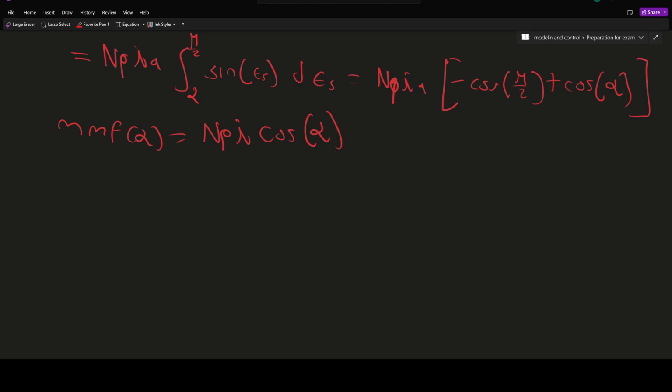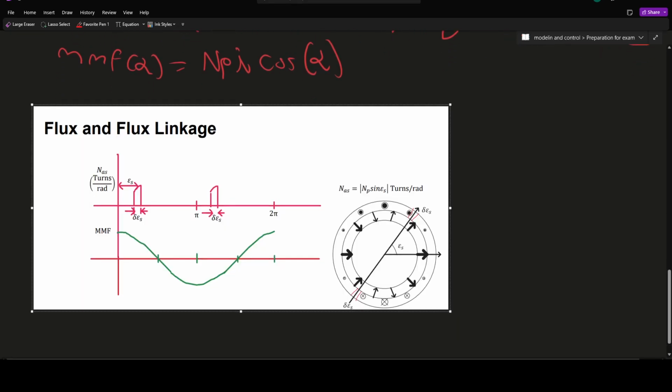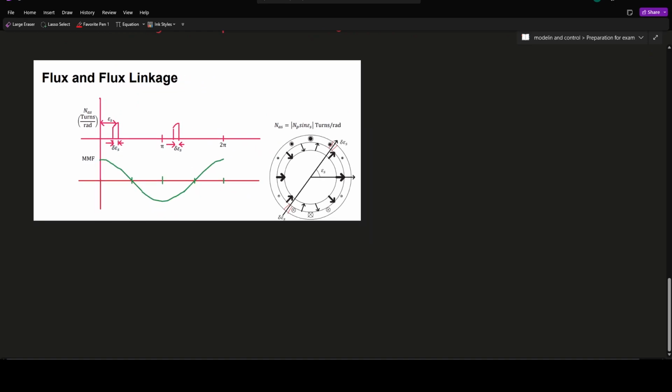So now let's try to apply this into an example to find the inductance. So we want to get the self-inductance of this coil. So the first thing that we have to do is find the flux linking the coil, going from cross to dot.